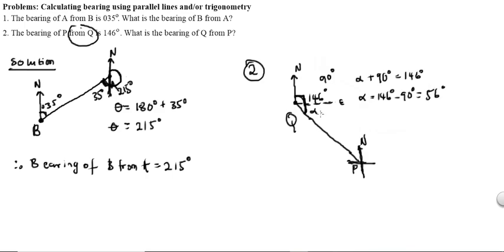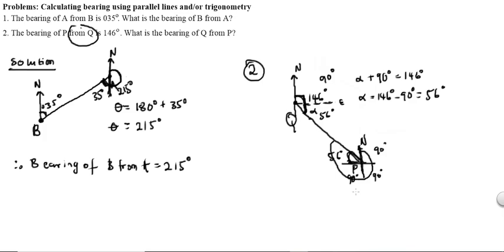So if this angle is equal to 56 degrees, that means the alternate angle, remember we talked about alternate angles, will be this angle. So this will also be 56 degrees. Now, to get the entire angle from here back to this line, we know the angle here is 90 degrees, the angle here is 90 degrees, the angle here is 90 degrees, and the angle here is 56.